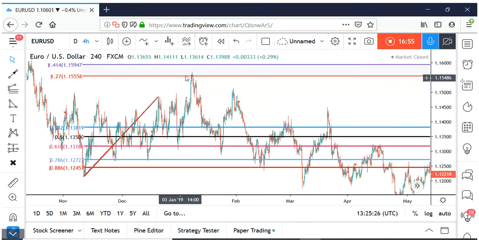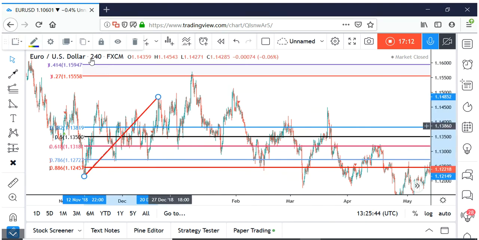Let's see what happens. Can you see that? It touched 1.27 but did not close above 1.414. So X, A, B, C is qualified. We're now looking for the D leg. Let's get rid of this.